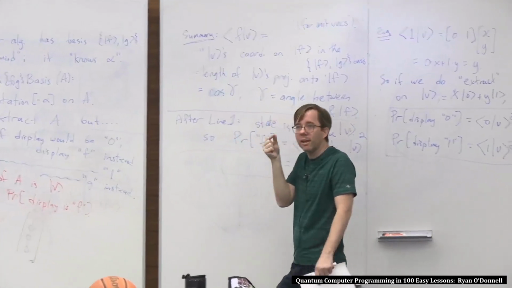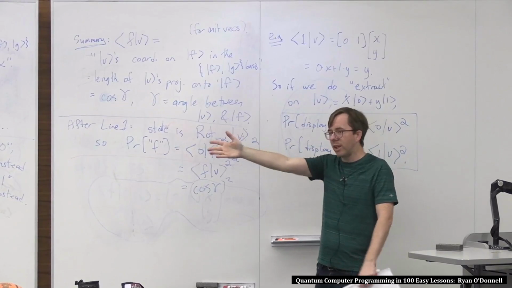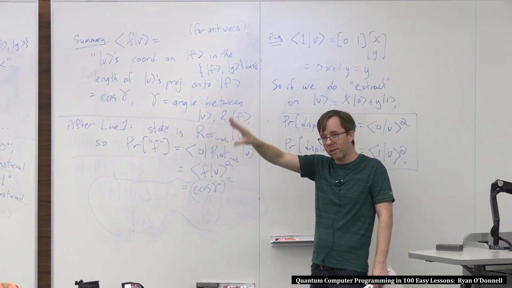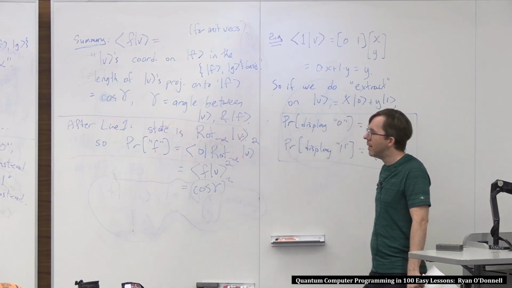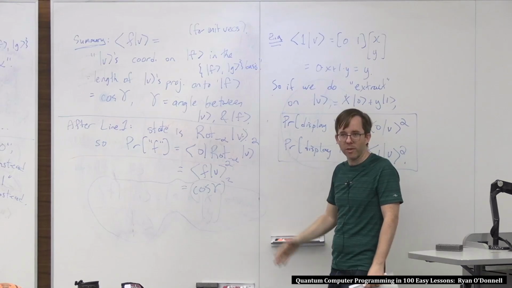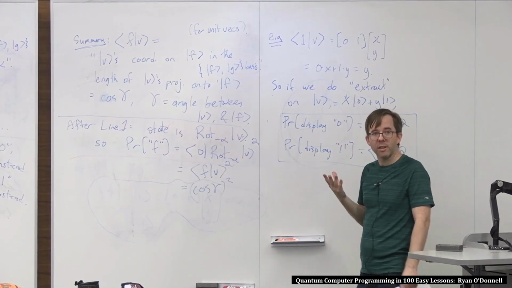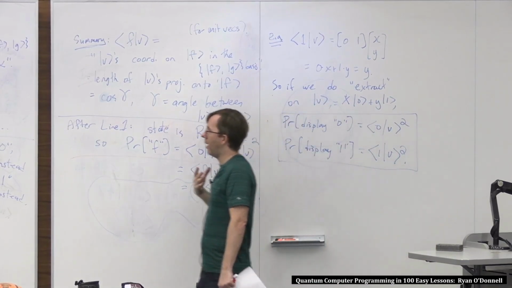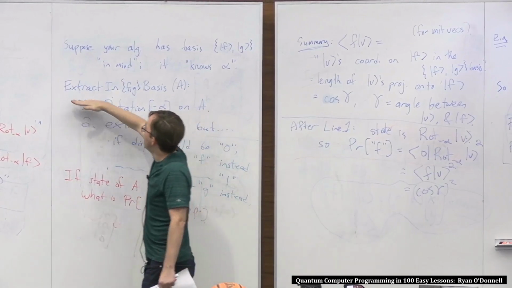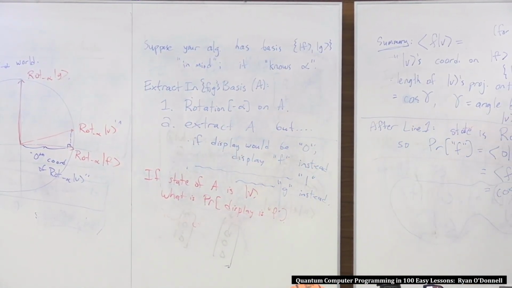If the qubit is the spin of an electron, and the measurement device is putting it into that Stern-Gerlach tube, then it either strikes the top screen and makes it glow, or it strikes the bottom screen and makes it glow. After you measure it, that electron is somewhere in the screen, and you can't do anything with it. This is called a destructive measurement, because after you do it, the qubit is destroyed. And in our pseudocode, this extract stands for a destructive measurement, because the qubit is deleted after you're done.